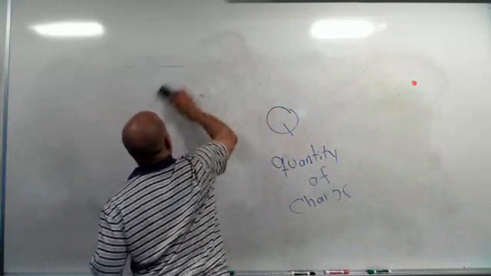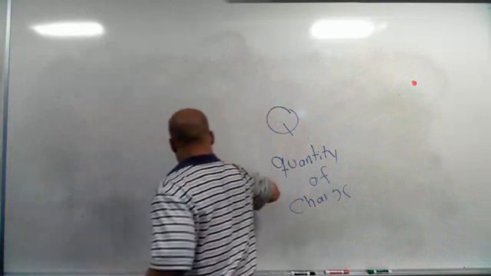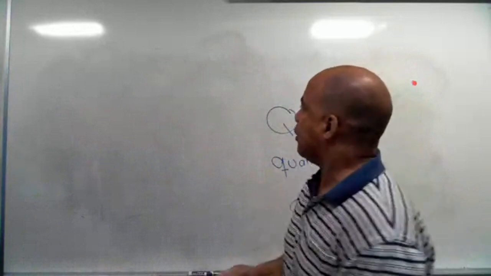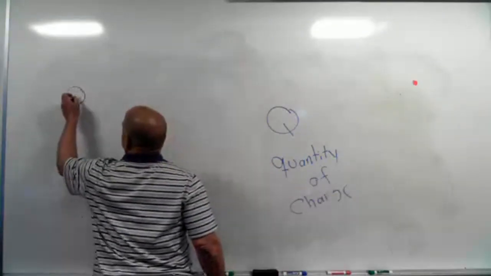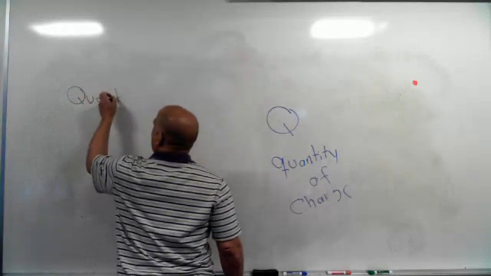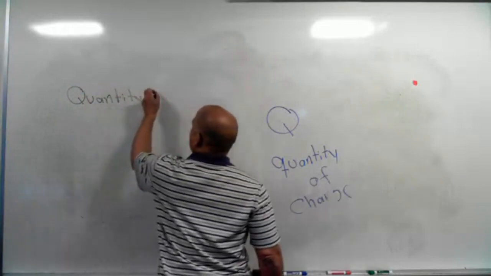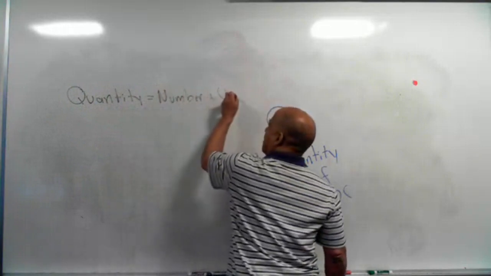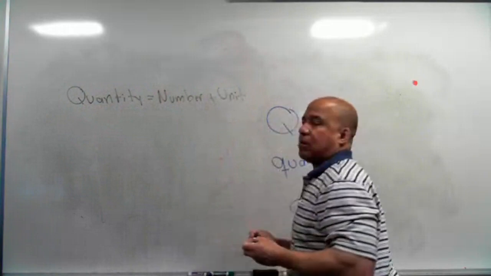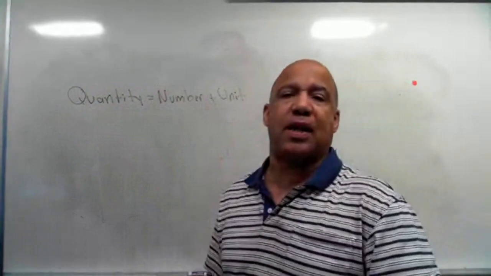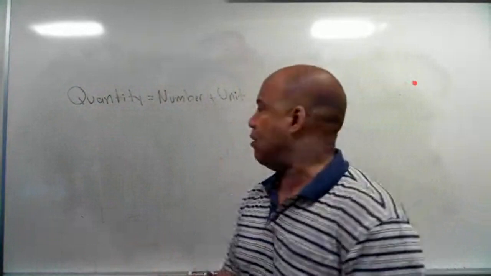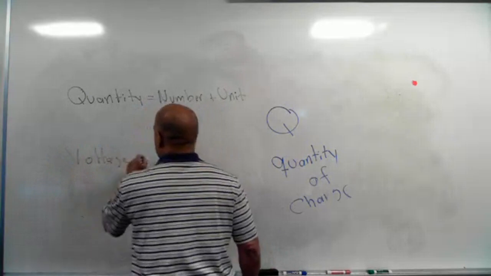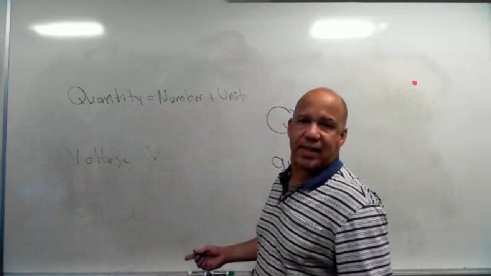Now, a little notation. To express a quantity, we need a number and a unit. Usually when we want to talk about the quantity, we give it a letter of the alphabet. So, for example, if I want to talk about voltage, I use the letter V to represent that idea of voltage.